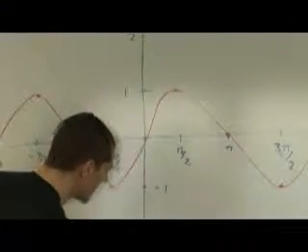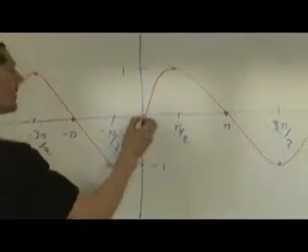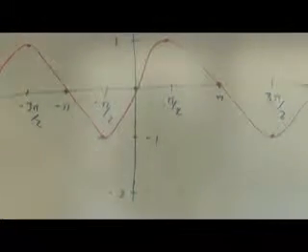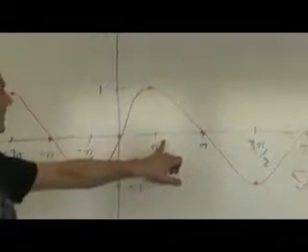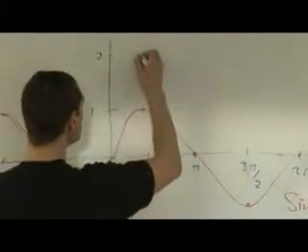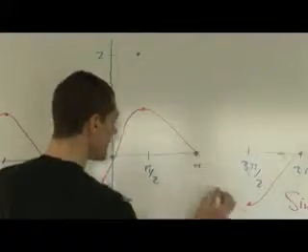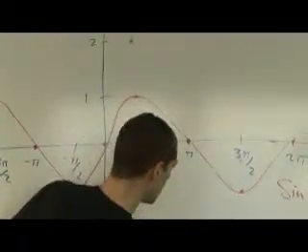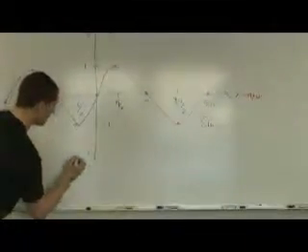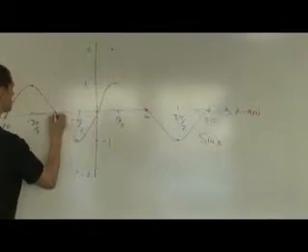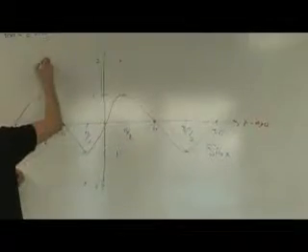We'll call this -2. Sine 0 is still 0. 2 times 0 is still 0. Pi over 2, sine pi over 2 is 1, so this will be 2 times 1. I hope what you can see is that this is going to stretch this out like this. And this will be negative, this will be 0, this will be here, this will be here.